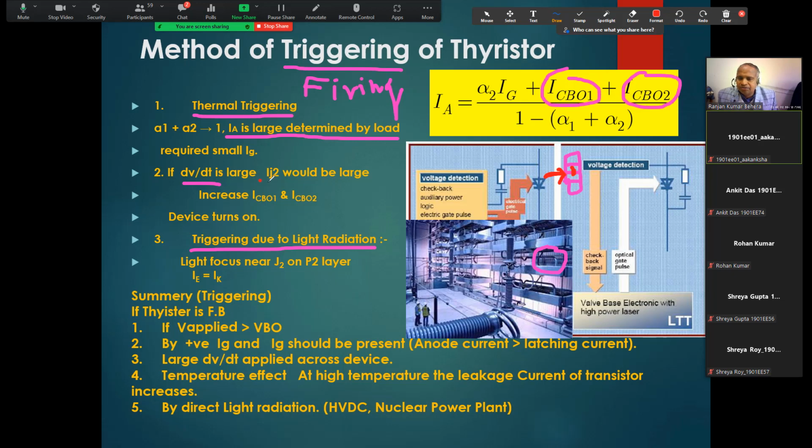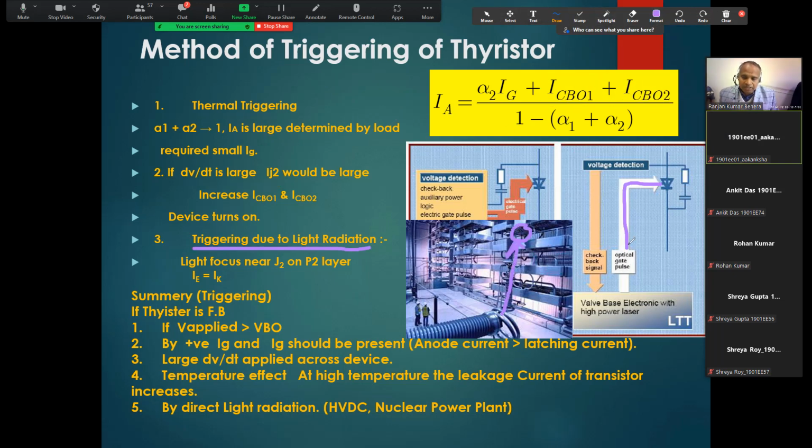So IJ2 is the junction current. As soon as you apply a very large voltage, like the breakdown voltage, I told you, in your VI curve we have a break over voltage.